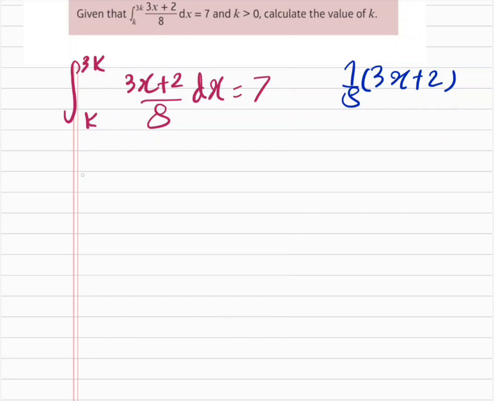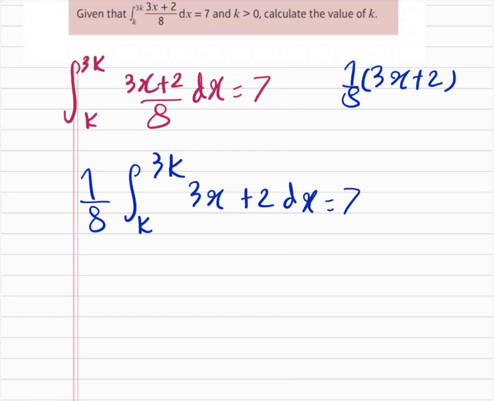So we can rewrite the integral as 1/8, which is now outside of the integral. Once we find the integral, we multiply the solution by 1/8. So we have 1/8 times the integral of (3x + 2) dx is equal to 7.